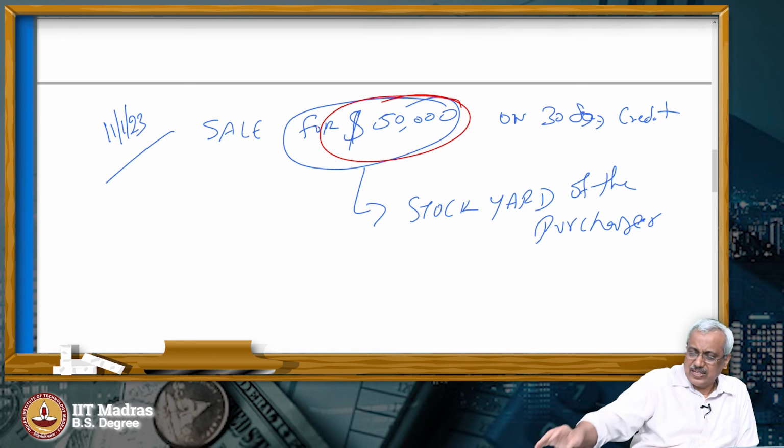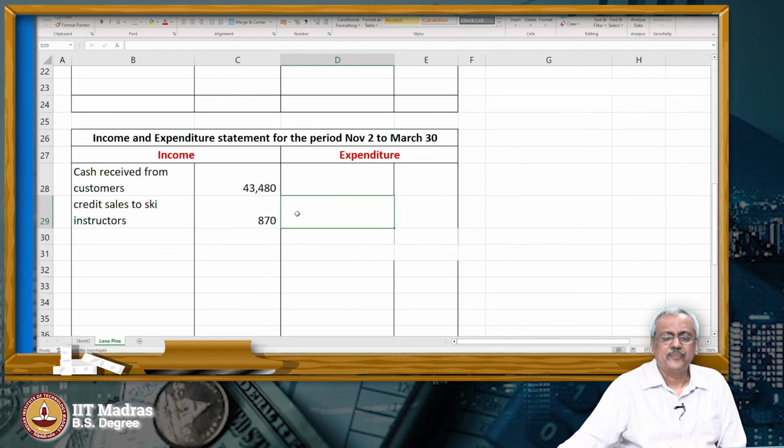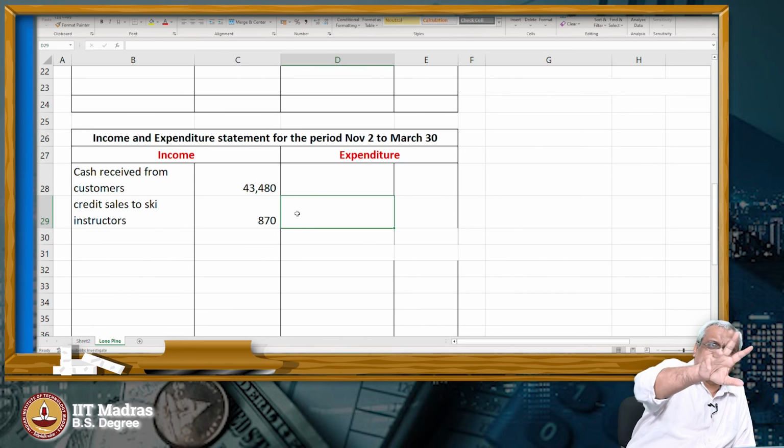Same way, if you take it forward and look at it in this Excel sheet, this $870 worth of food or facilities of the cafe has been consumed by the ski instructor. So, instructors owe me the money. So, naturally it is an income which has accrued.